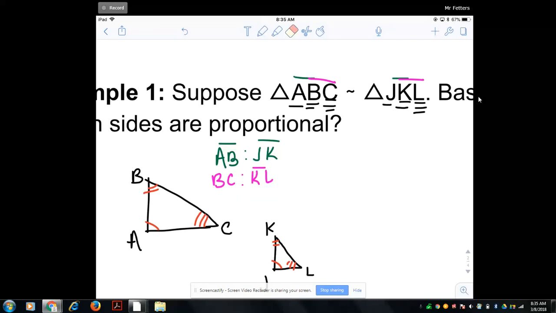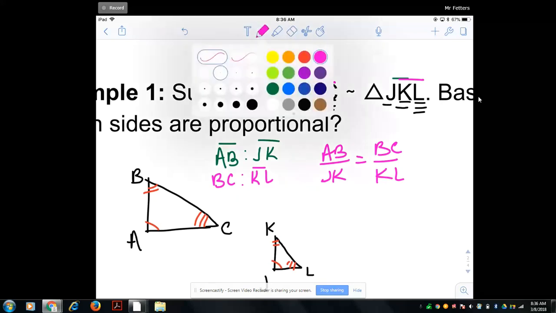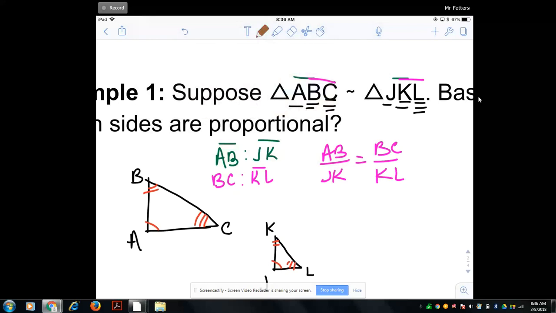But I could say AB over JK is equal to BC over KL. And then I have my last side on here. I have AC and JL, so that's equal to AC over JL.